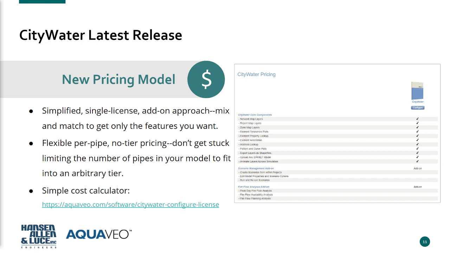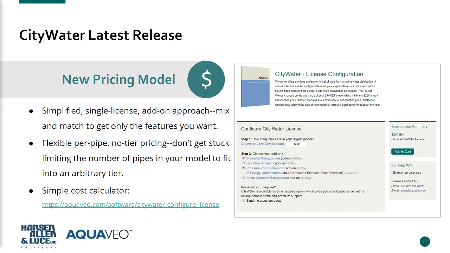This does make it a little tricky to figure out what the cost of your model is. So we also developed on our website a calculator that can be used to calculate the price. And it's pretty simple to use. You just enter the number of pipes for your model, or an estimate if you're not certain, and then pick the packages that you want, and it calculates the price.